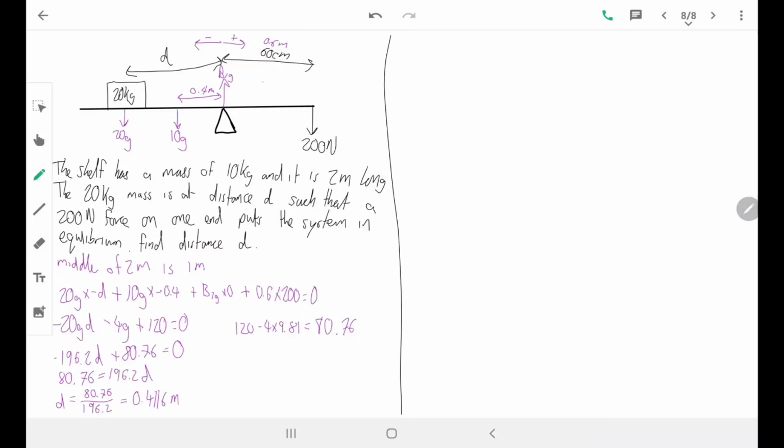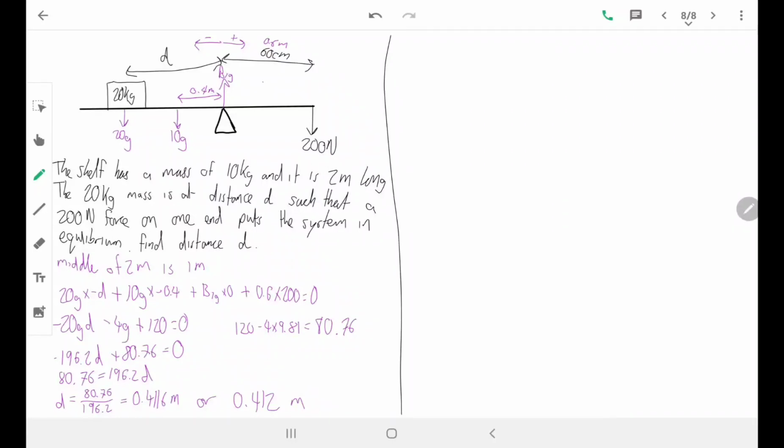So how big is D? Well, that's 0.4116 meters. You could round that to 0.412 meters. If we wanted to figure out what big R is, our force pushing up at the pivot, we would just add our 20G plus our 10G plus our 200 newtons together, because that's all our forces going down.